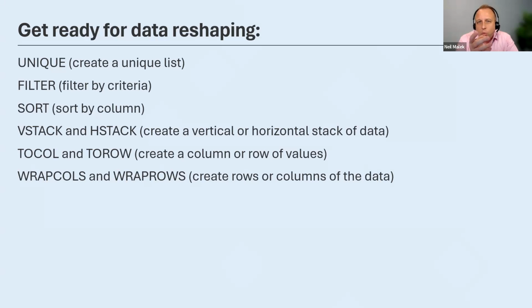The first couple will be really easy to understand. The unique function you use when you want a unique list of something. So if you've got a list of all the different customers, and you say, hey, unique, could you look at that list of customers? It'll return the unique list of customers. Very helpful. Filter.